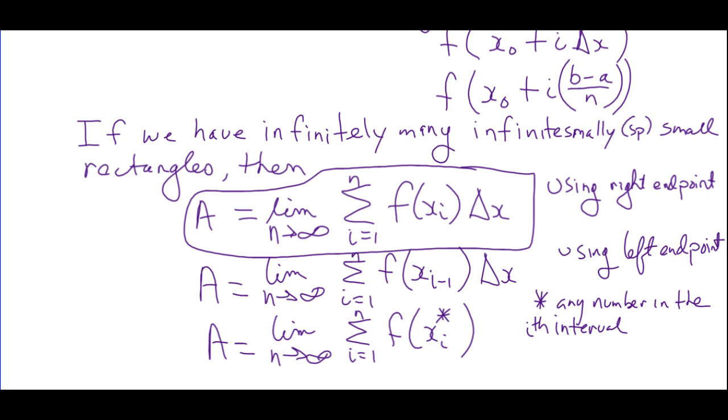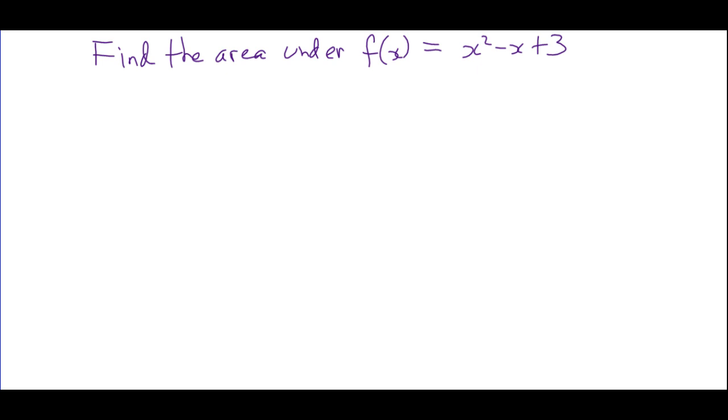So now we do a real one. Find the area under x squared minus x plus 3 in the closed interval from 2 to 5.